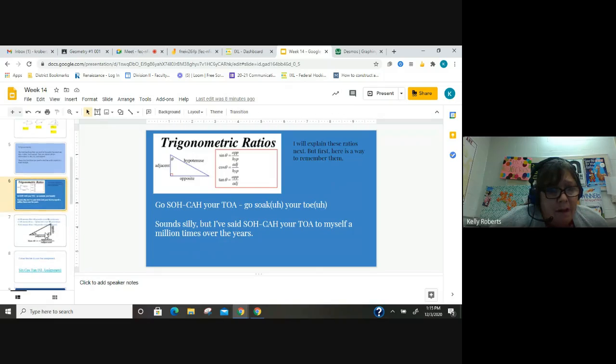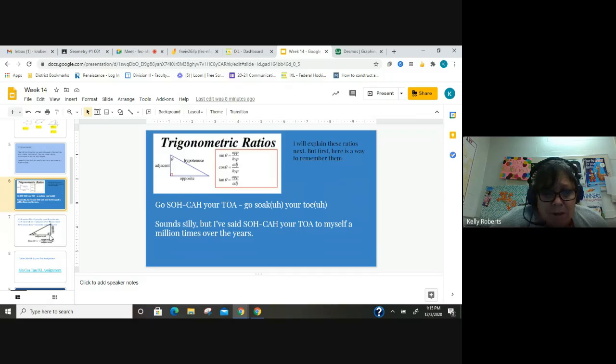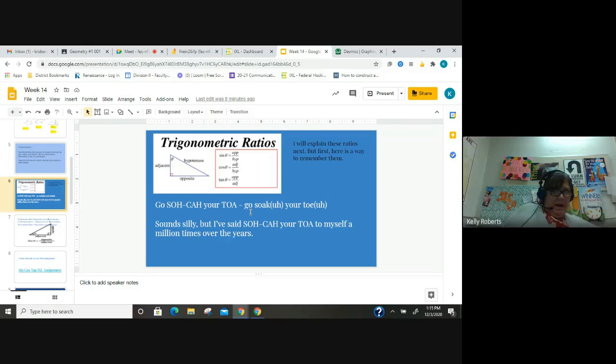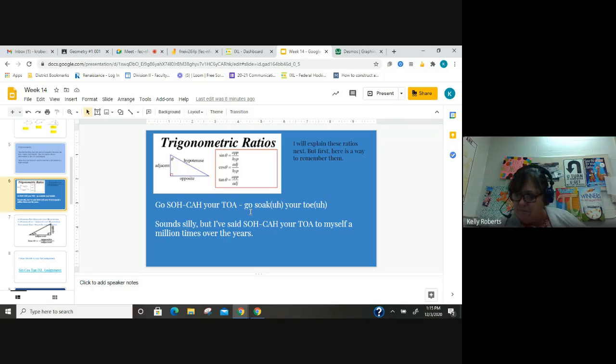Okay, slide 6 and slide 7, they're just lots of information written in different ways. The thing that I liked about slide 6 was this little memory device. What do you call those things, mnemonic or acronym?